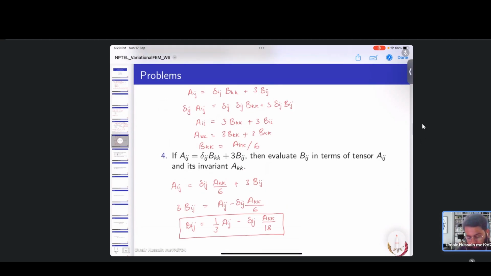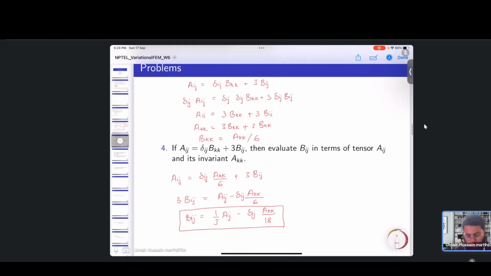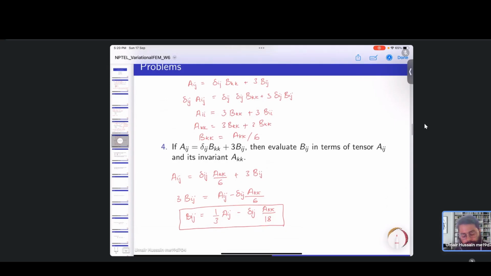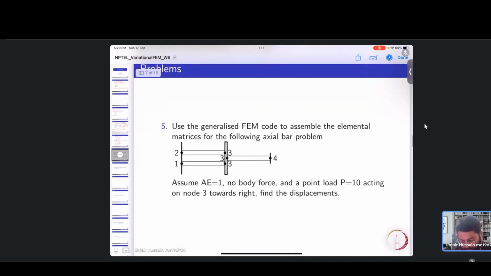So we discussed problem 4 and solved this given problem using simple tensorial notations and properties of the Kronecker delta. Okay, now let us discuss some problems of the basic 1D FEM that we had done so far.